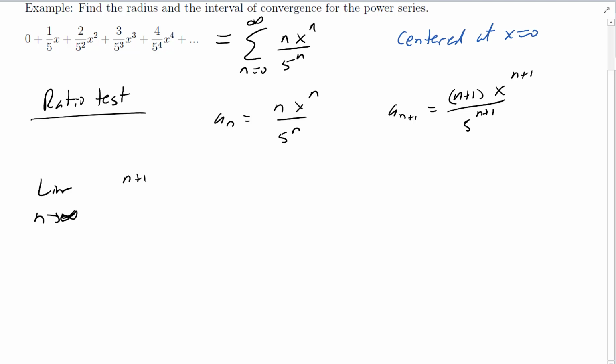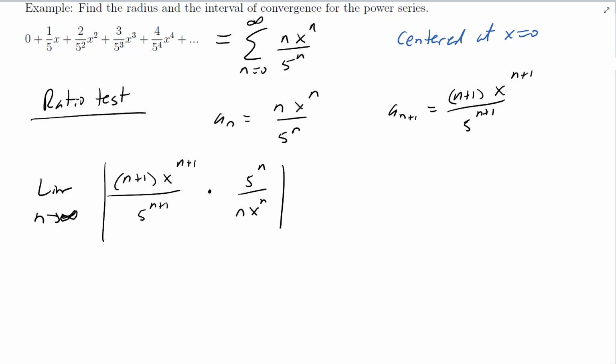So n plus 1, x to the n plus 1 over 5 to the n plus 1, absolute value. And then 1 over a sub n, that is 5 to the n over n x to the n. So this basically is the limit as n goes to infinity, a sub n plus 1 times 1 over a sub n.